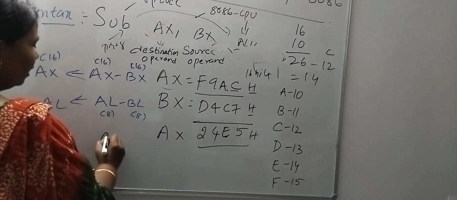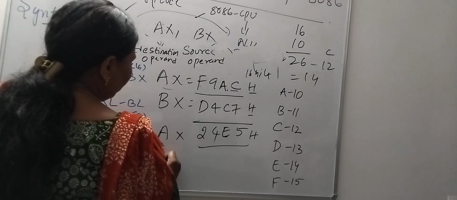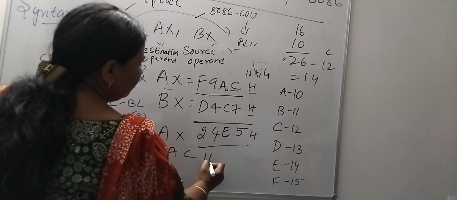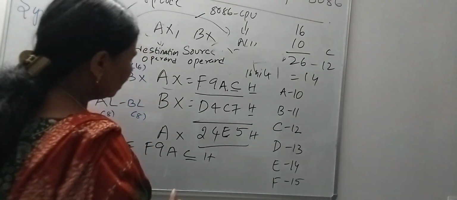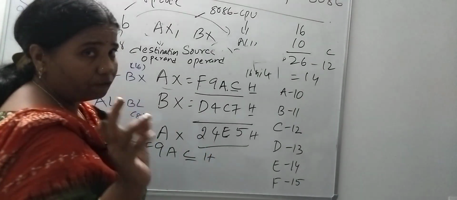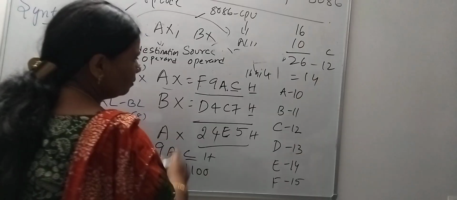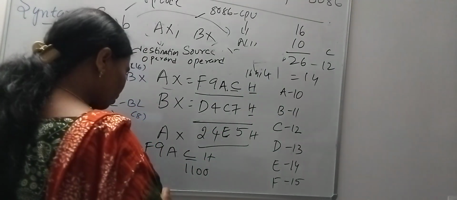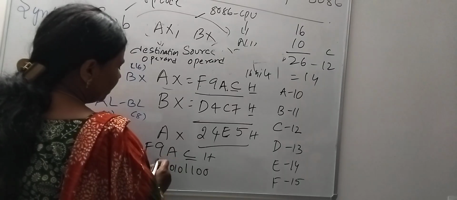If AX is equal to F9ACH, as I have taken, how will it be stored? C is hexadecimal 12. How will 12 be stored? Each hex digit equals 4 binary bits, so that is 1100. A means 10. How is 10 stored? 1010, 8 plus 2. Next, 9.